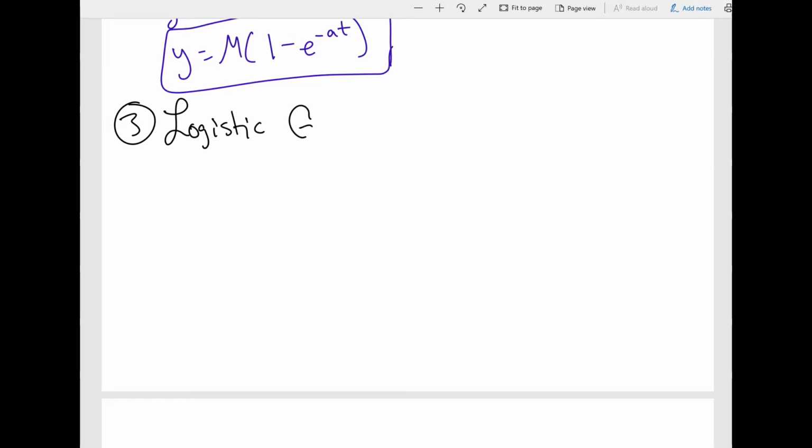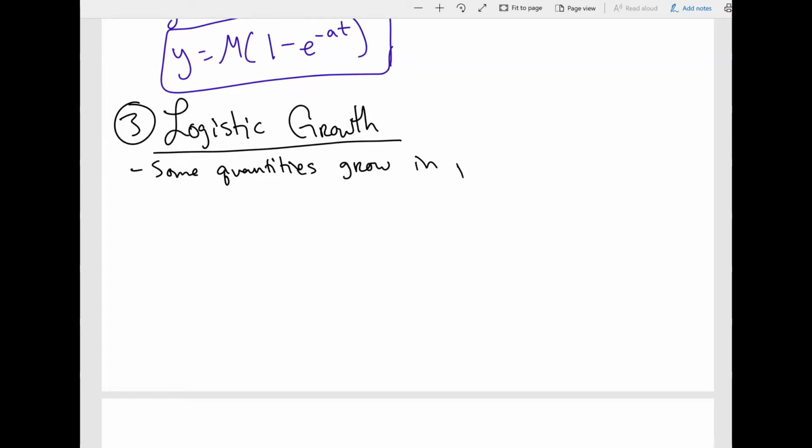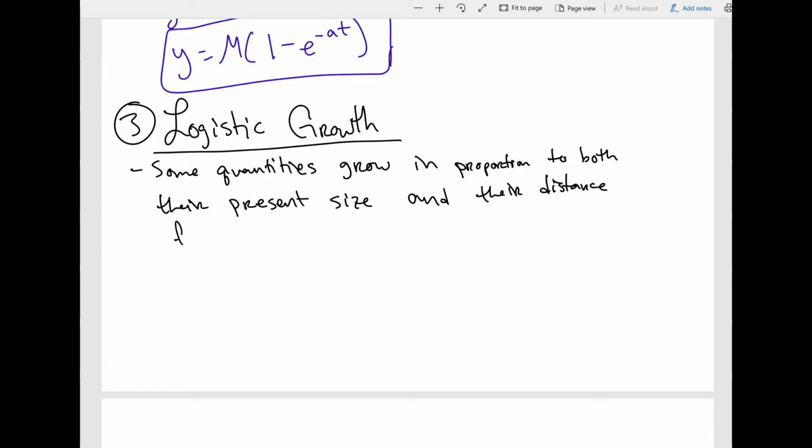What logistic growth basically means is that some quantities grow in proportion to both their present size and their distance from an upper limit m.